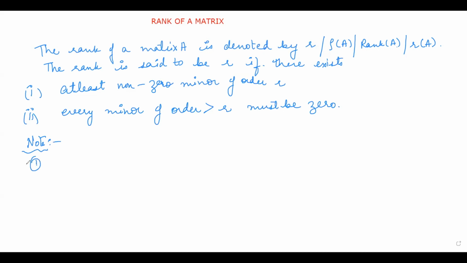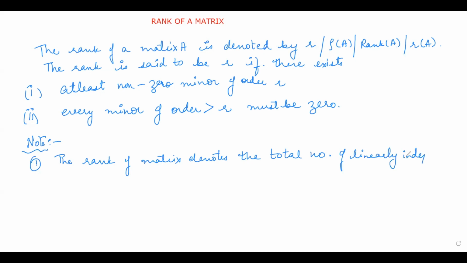The first point: the rank of the matrix denotes the total number of linearly independent rows in the matrix A. That means we are talking about the non-zero rows in the matrix.